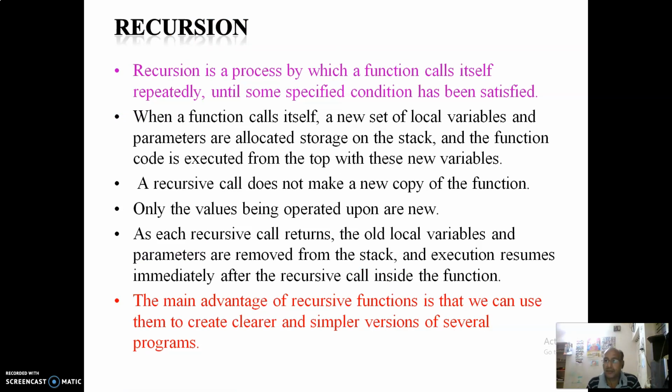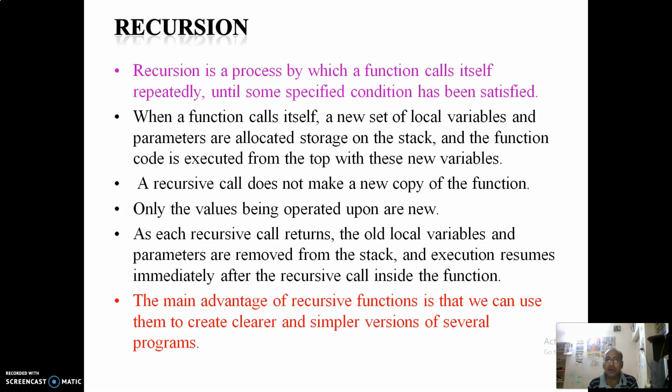The recursion. Recursion is a process by which a function calls itself repeatedly until some specified condition has been satisfied. When a function calls itself, a new set of local variables and parameters are allocated storage on the stack, and the function code is executed from the top with these new variables.